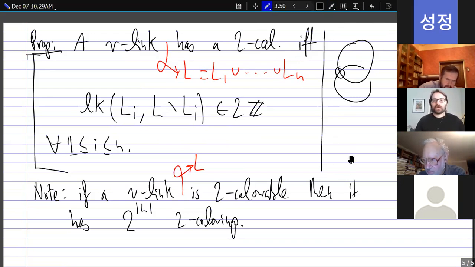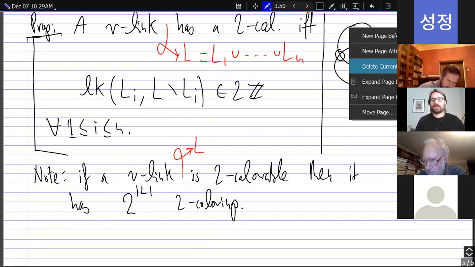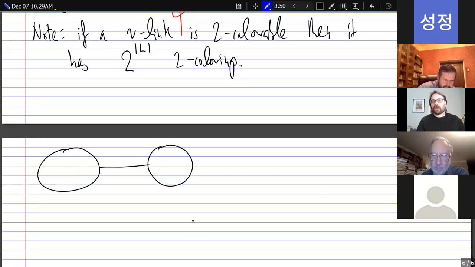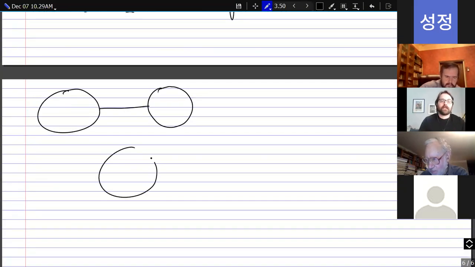But I want to show you that maybe it's not as obvious as you think, because say the Gauss diagram of the virtual Hopf link looks like this, where I don't mind what the orientation or sign of this chord is. But because I only need the linking numbers with the rest of the diagram to be even, not individual pairwise linking numbers, I could create a 2 colorable link like this.